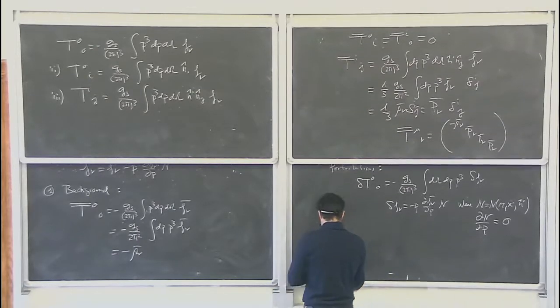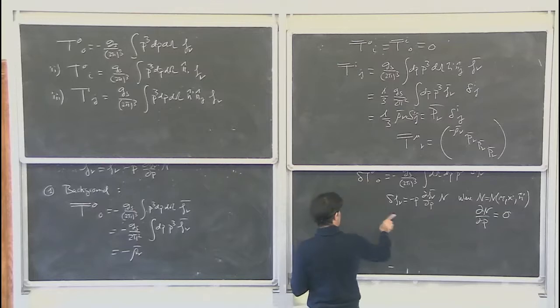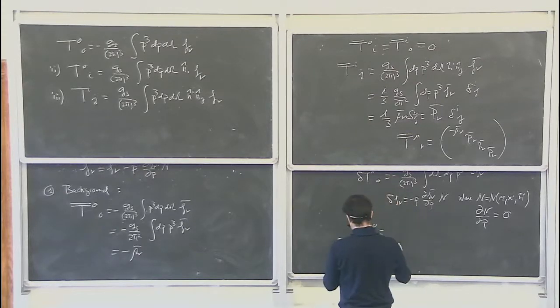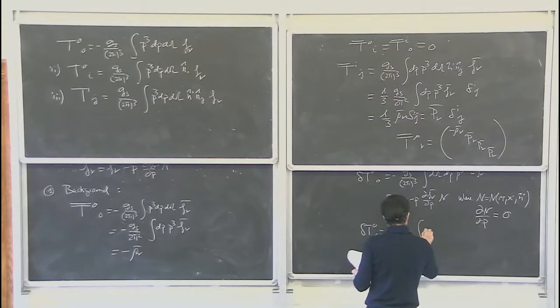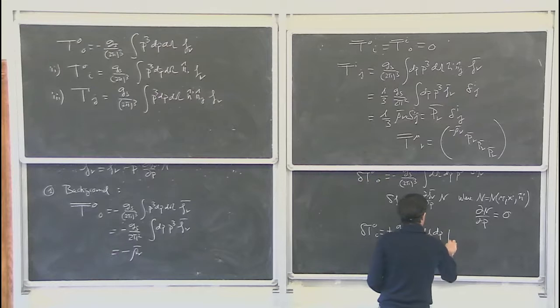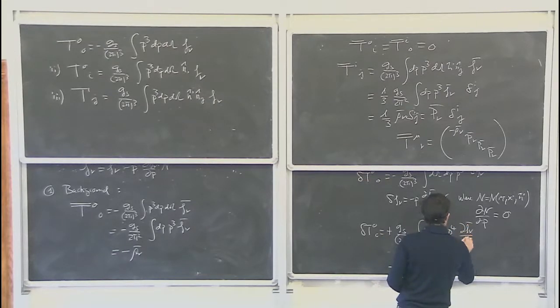So we will use this to do the integral that we have here. We start with this, and just substituting, the minus sign will give me a plus sign here. Then what I need to integrate is dp, now there is p to the 4 from here, and then there is this term, and then there is n.